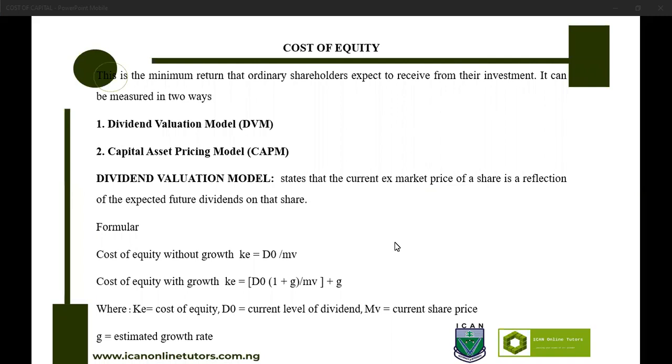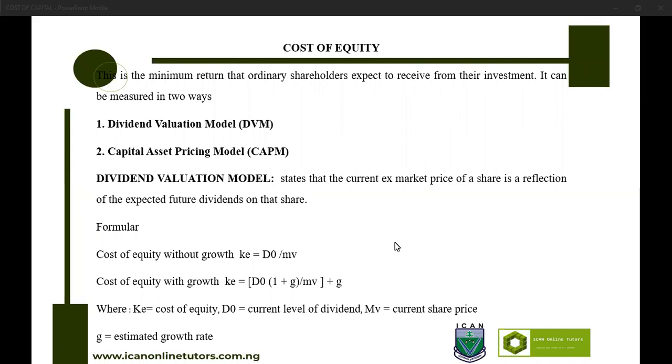So we can use these two ways to determine the cost of equity under the dividend valuation method. KE represents the cost of equity. D0 represents the current level of dividend, or we call it the current dividend.